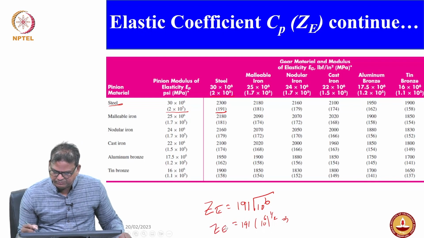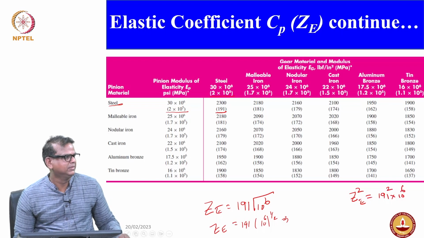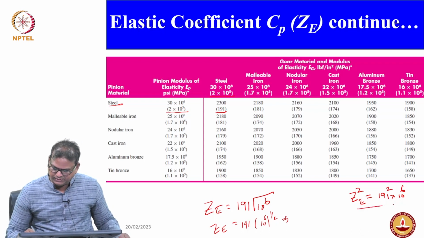In the pitting equation, that will come as Z square E. When you have Z square E, it should be 191 whole square into 10 power 6. This is the value we should substitute.